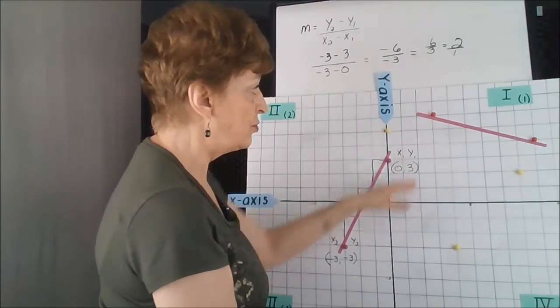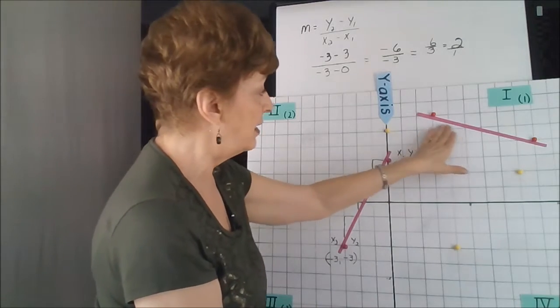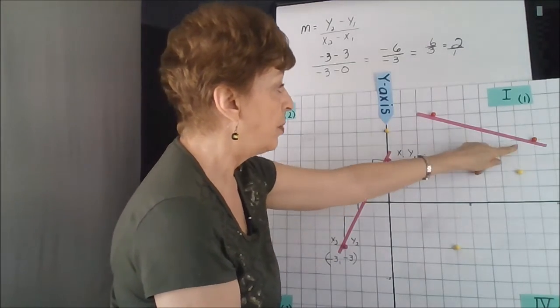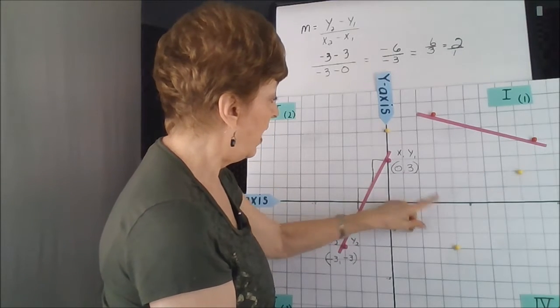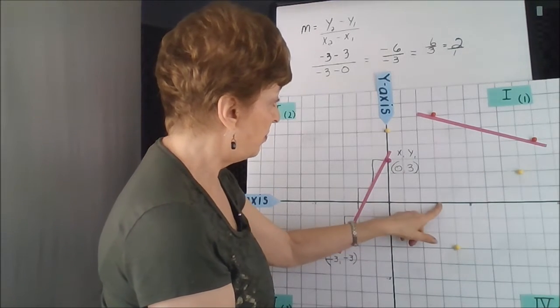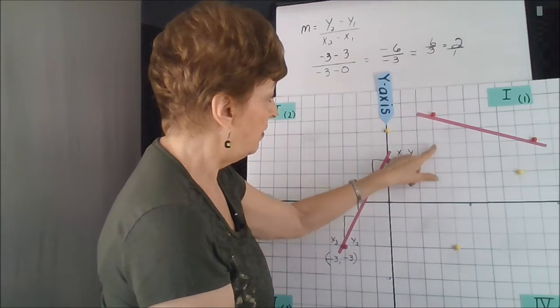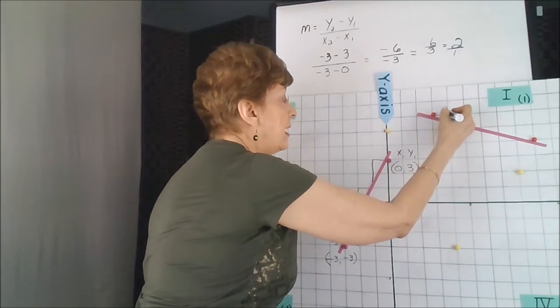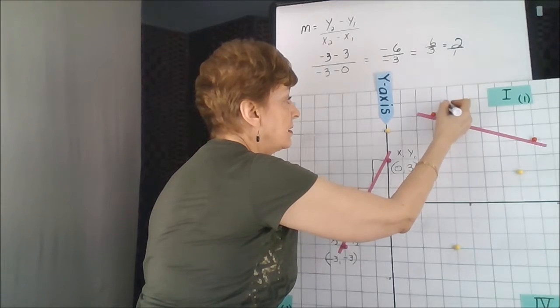Okay, let's find the addresses of the points. Before we can understand the slope of this line, we have to understand the points. So we've got 1, 2, 3, 1, 2, 3, 4, 5, 6. This point is at positive 3 and 6.